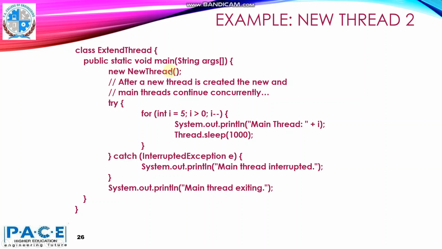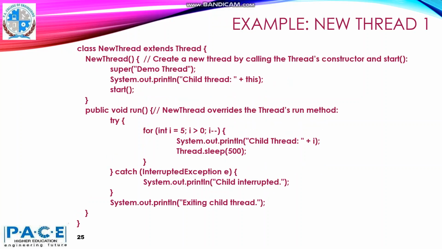We go back to our new thread constructor over here. In this we are calling the Thread's constructor, printing the child information, and starting the thread. So the start method in turn called the run method.